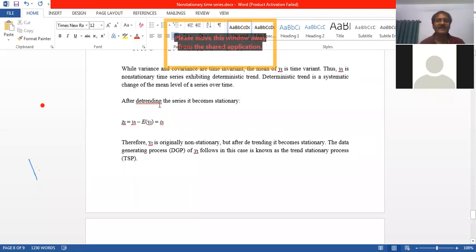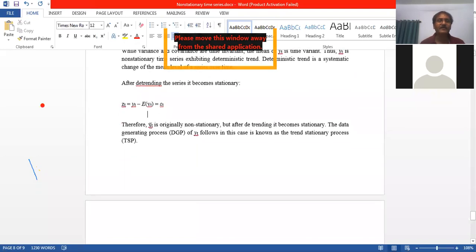So after detrending, you have the random component epsilon t. So if you take the mean value of zt, it will be 0. If you calculate the variance of zt, it will be sigma square. Therefore, the new series zt exhibits no trend either in mean or in variance.